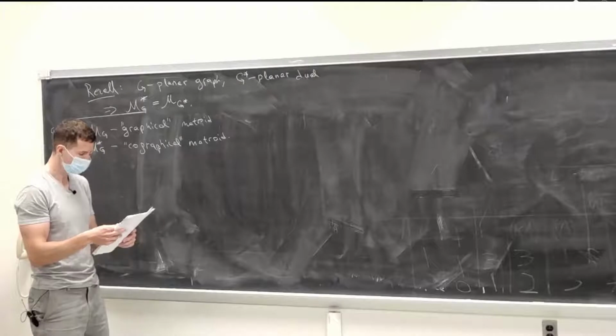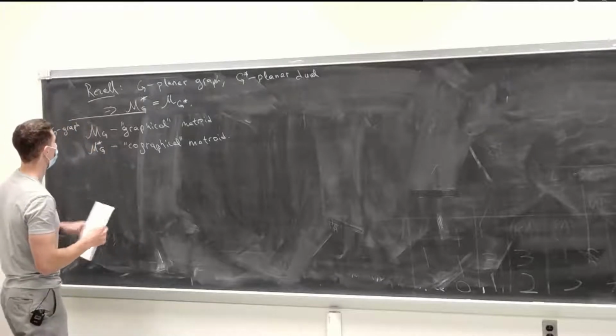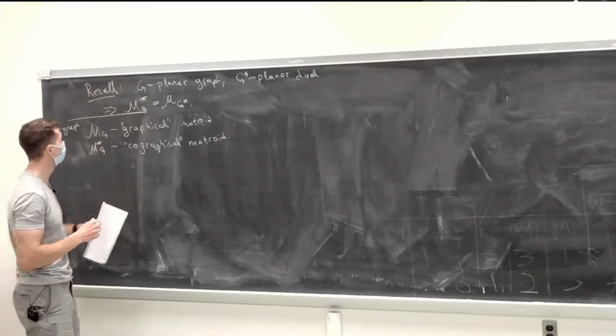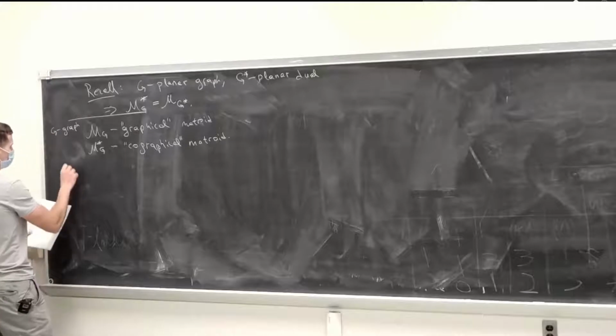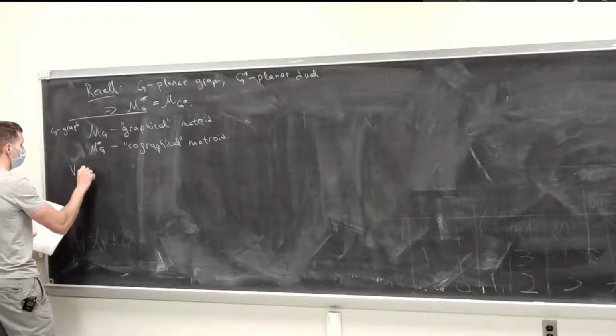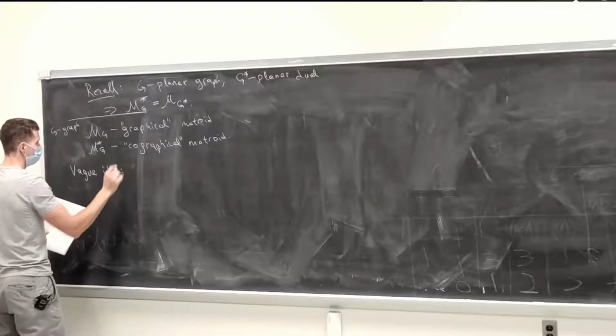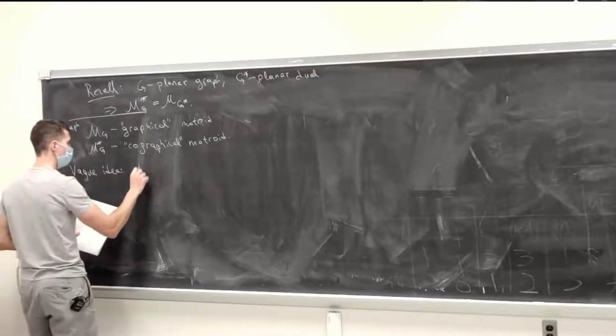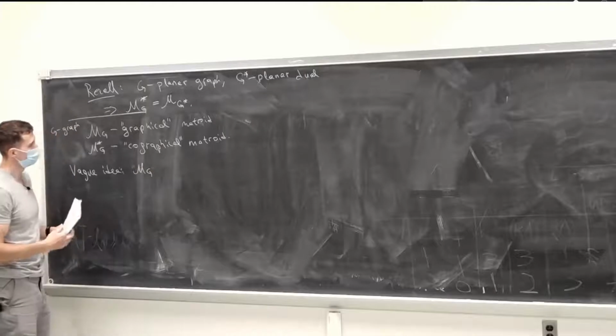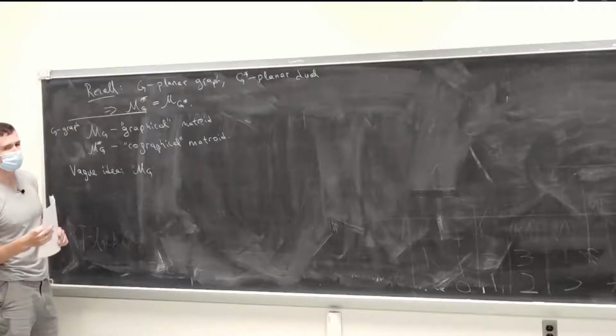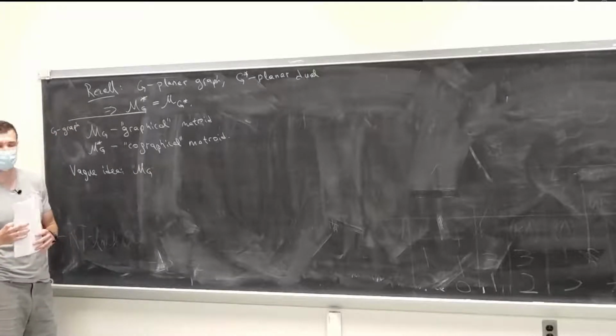And yes, the way to think about graphical matroids in general is a vague idea: if you have a graphical matroid, then it basically can see only the edges but not the vertices of your graph.